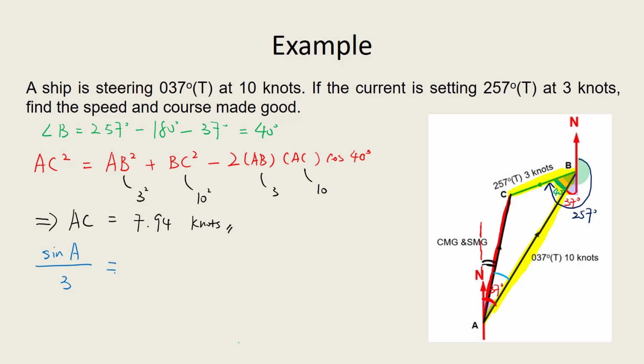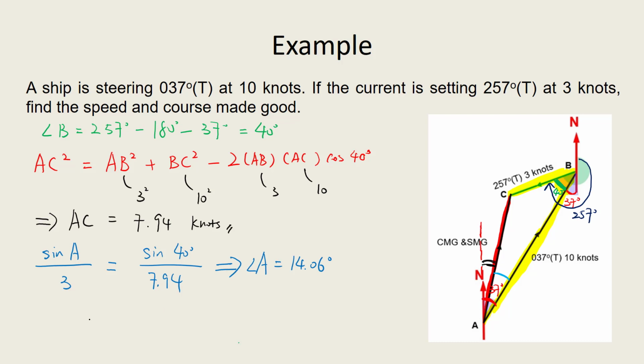That will be equal to the sine of the angle 40 degrees divided by the side that is opposite to 40 degrees, which is AC. How long is that? 7.94. So you can press a calculator and use the sine inverse, we can find the angle A. The angle A here is roughly 14.06 degrees.